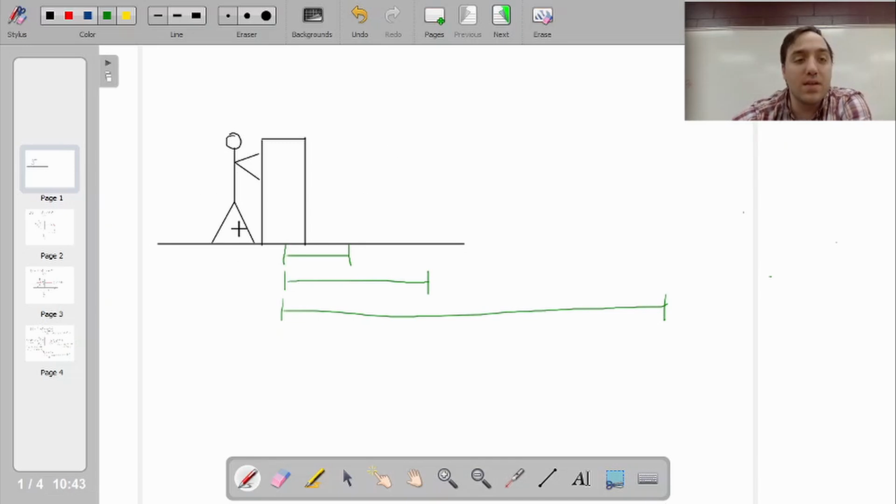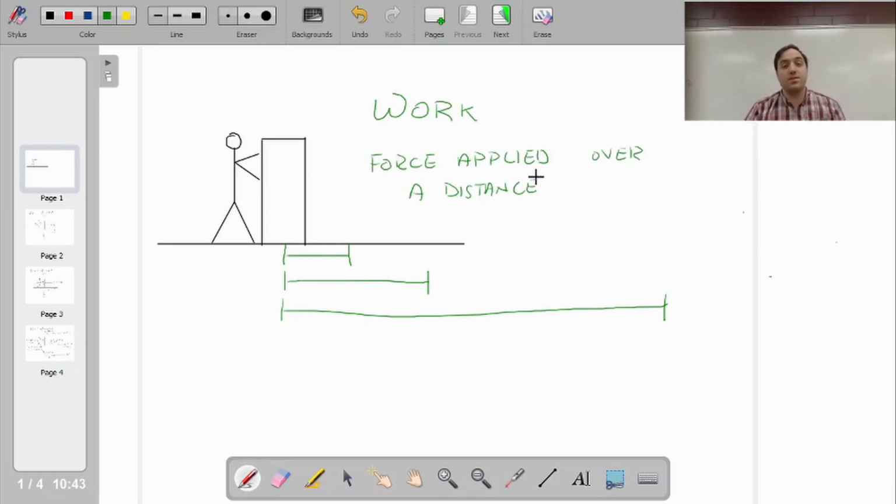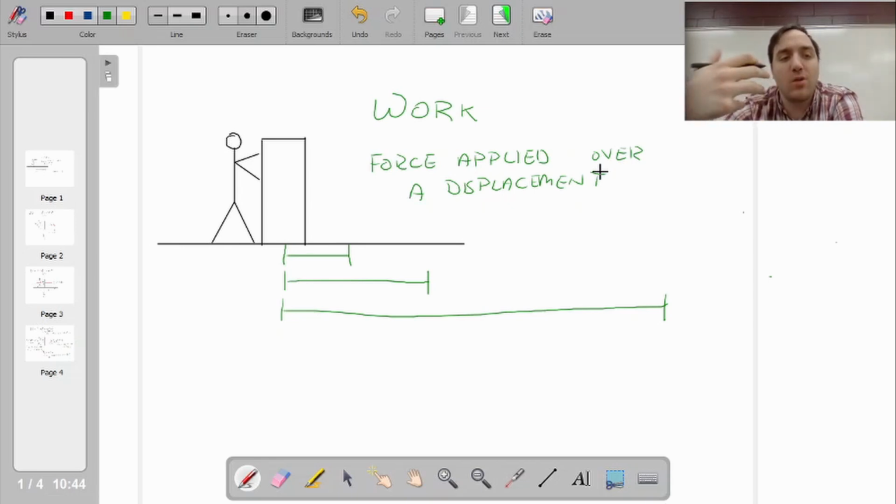This process, applying a force over a distance, is what we call work. In this case, the distance you travel, or the displacement more specifically, tires you out.